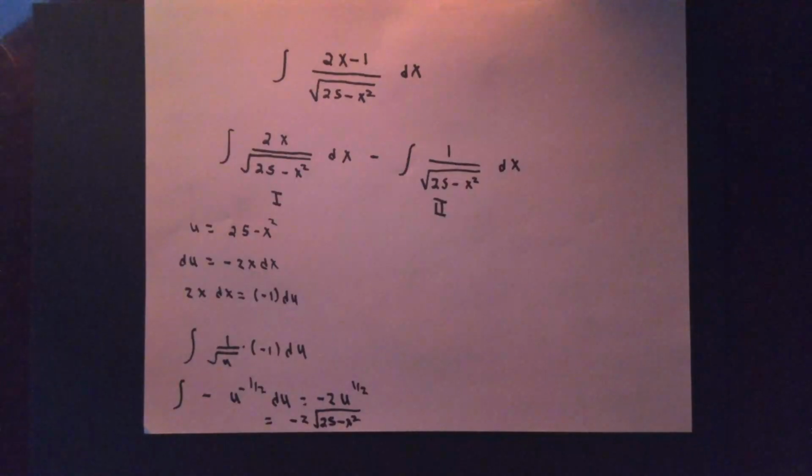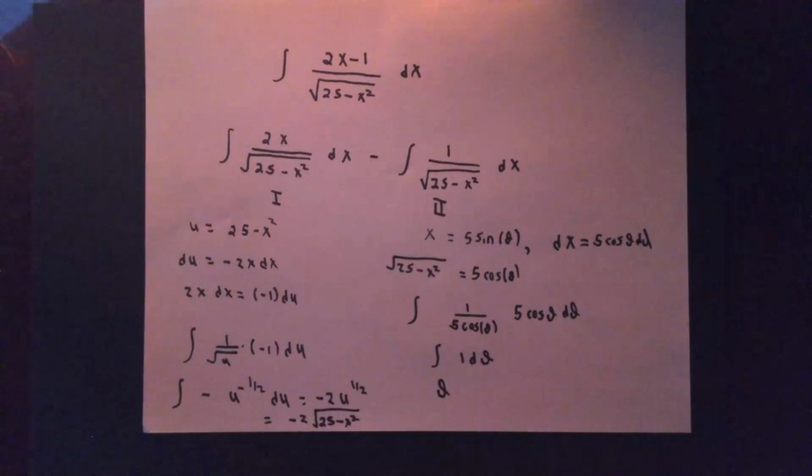Integral number 1 is direct to evaluate, and in the second one, we have the integral of 1 over radical a squared minus u squared, where a is equal to 5 and u is equal to x. The substitution u equal a sine theta will be x equal 5 times sine theta.